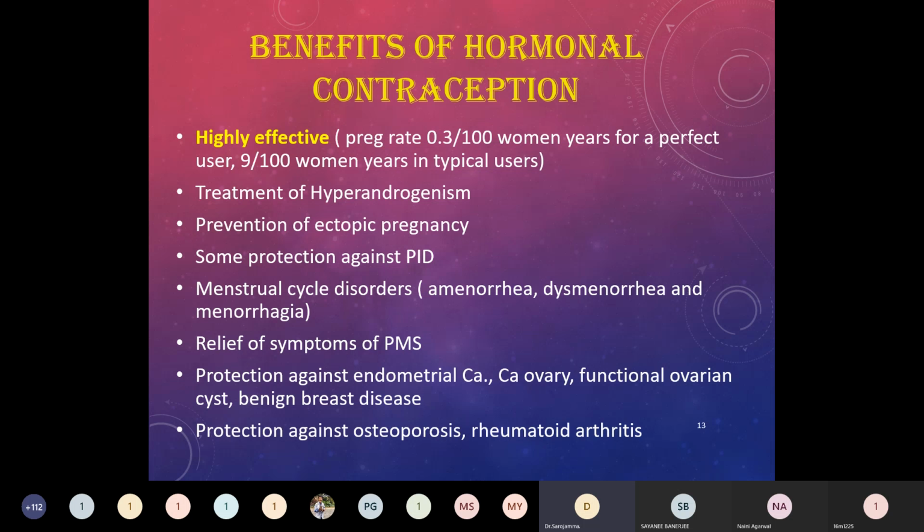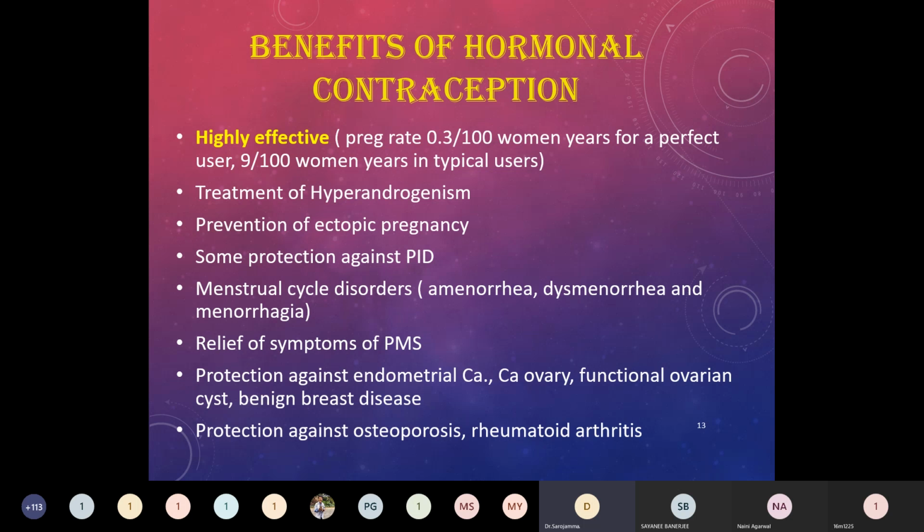I already explained, and prevention of ectopic pregnancy, some protection against PID, and mainly this is useful in cases of amenorrhea, dysmenorrhea, and menorrhagia because of the reduction in blood flow, and it relieves premenstrual syndrome.